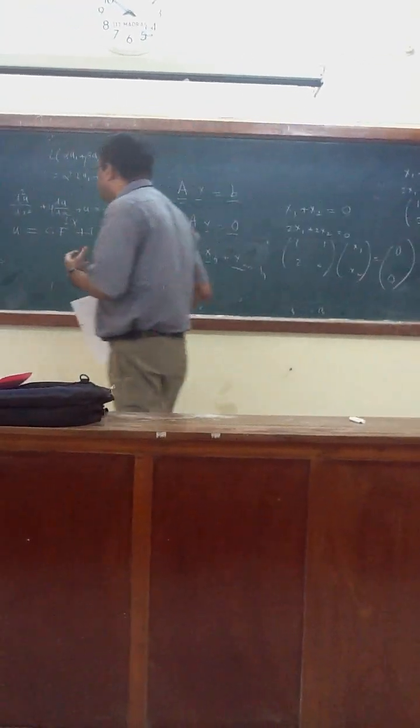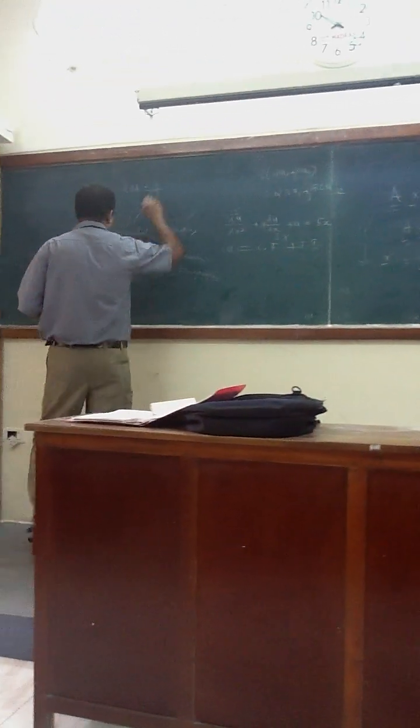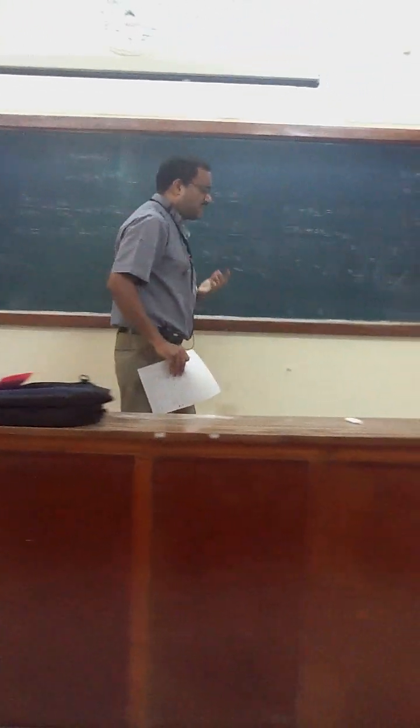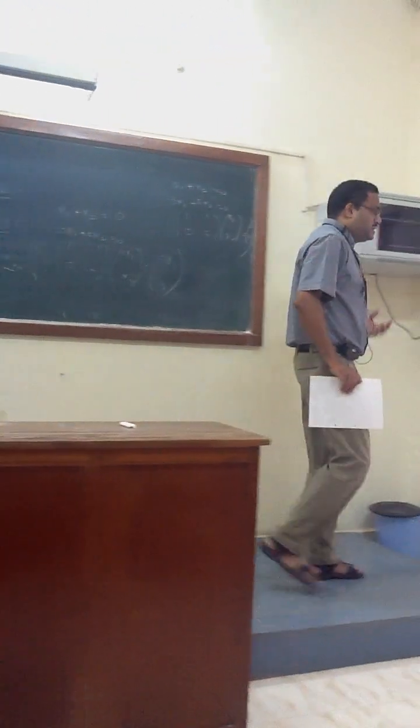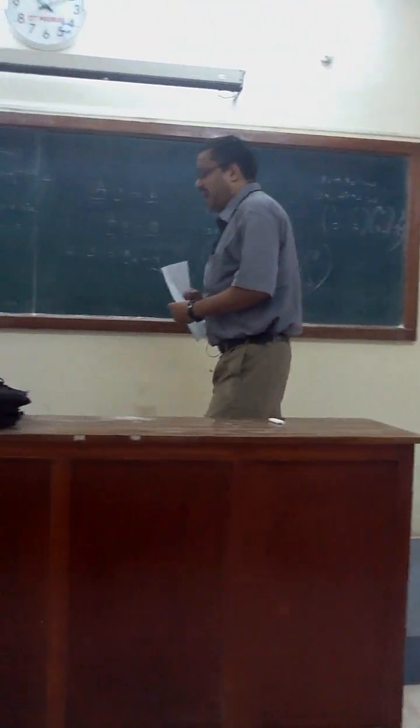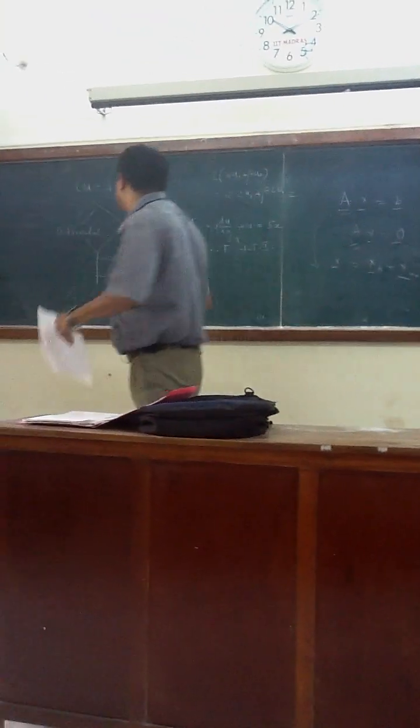So basically what we see is that we have the matrix operator and the differential operator. The matrix operator is pretty straightforward because when you want to solve Ax equals b, we don't need any kind of boundary condition. Directly we can get the solution. So what are the matrix operators?